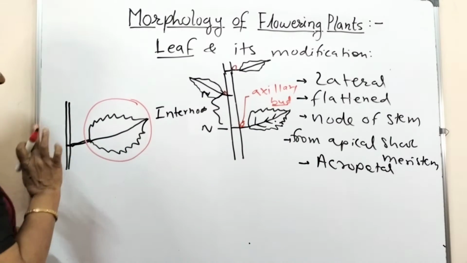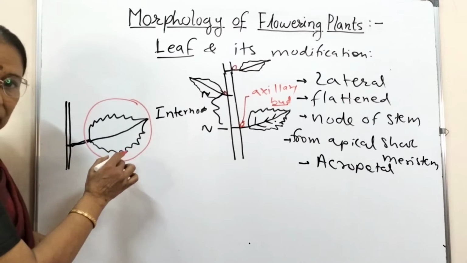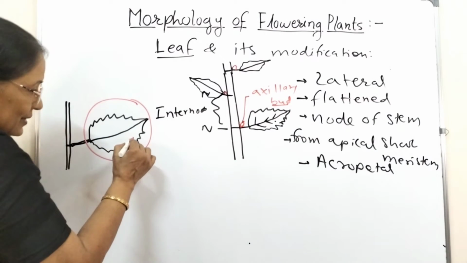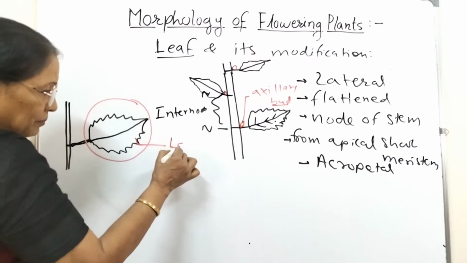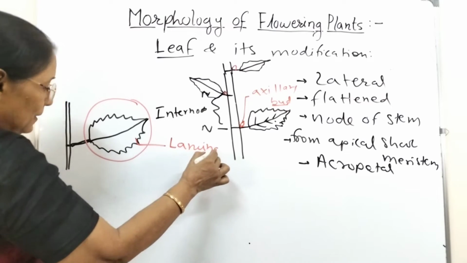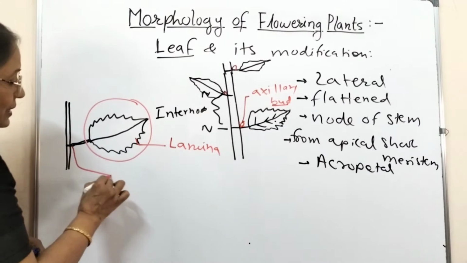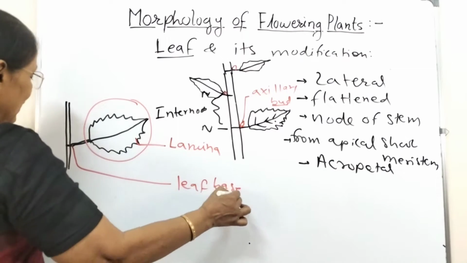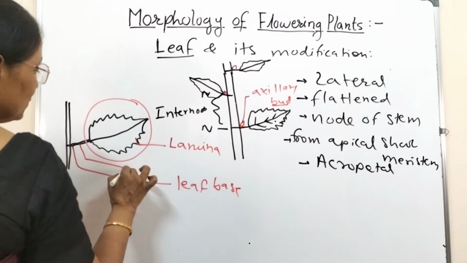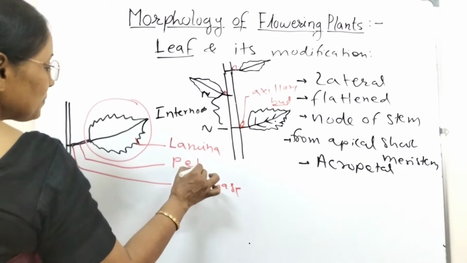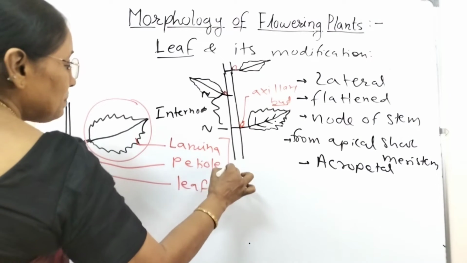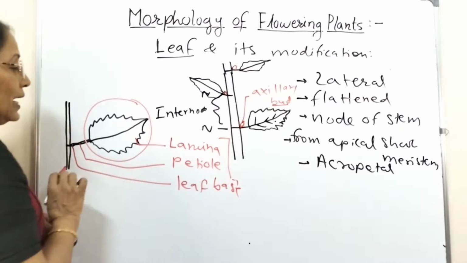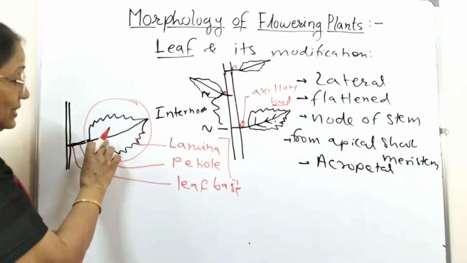The leaf has three parts. This part, which is green and flat, is the lamina. This is the leaf base. And this is the petiole. So the leaf has three parts which you normally refer to as leaf.